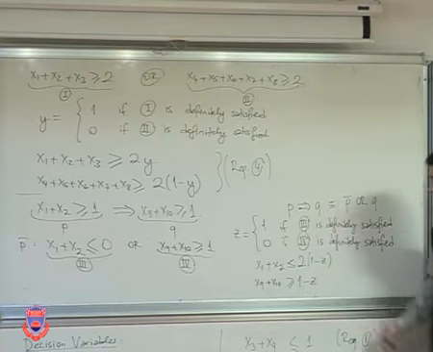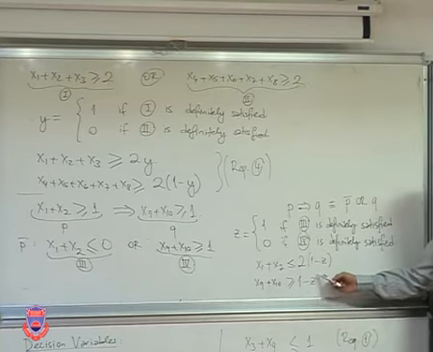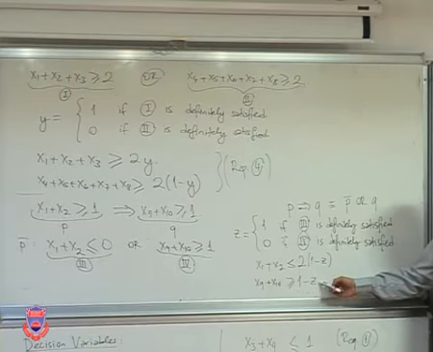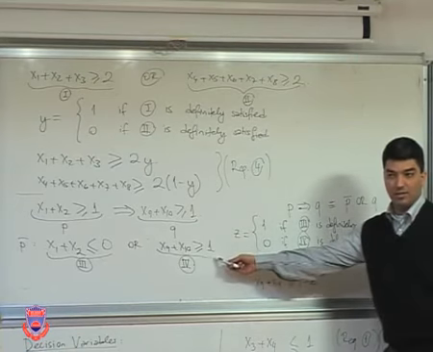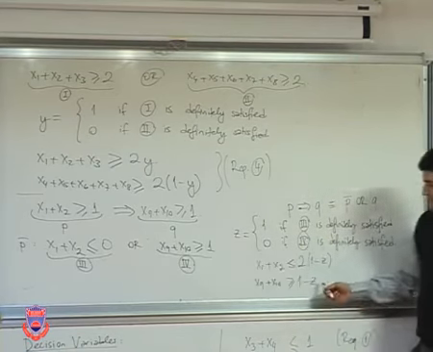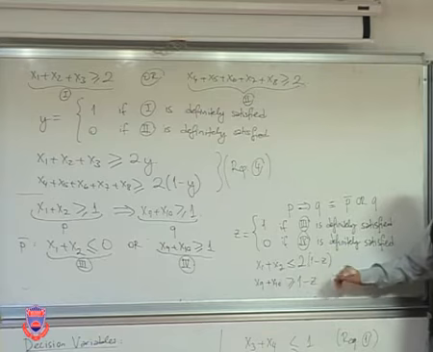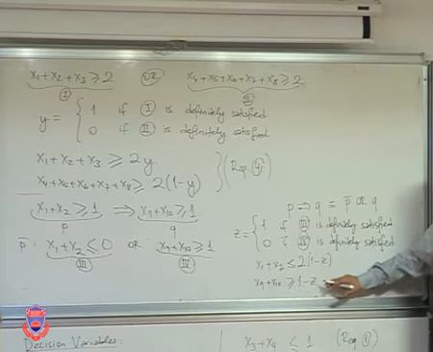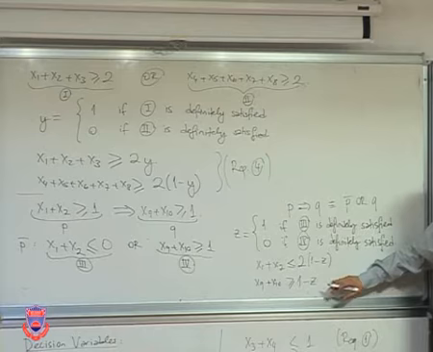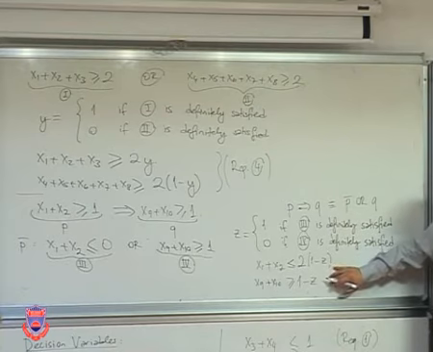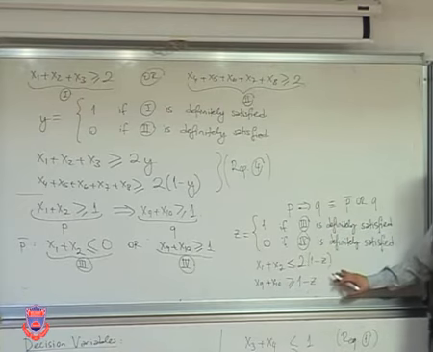So let's see if this works. If z is equal to 0, then 1 minus z becomes 1, and I just achieve this constraint basically, right? And if z is equal to 1, then the right-hand side becomes 0, so this becomes a redundant constraint now. Okay? So as a result, by adding these two constraints, I make sure that at least one of the two will be satisfied.